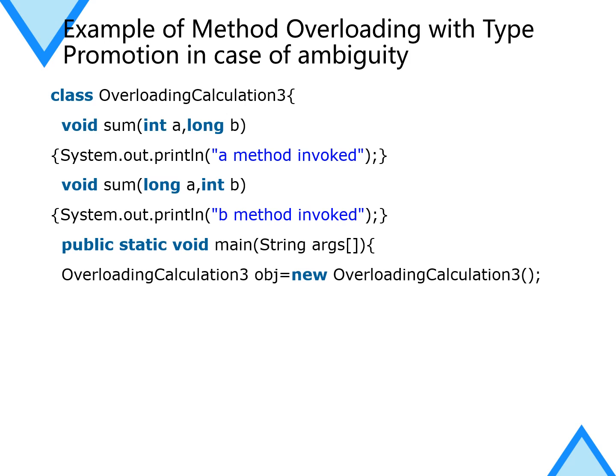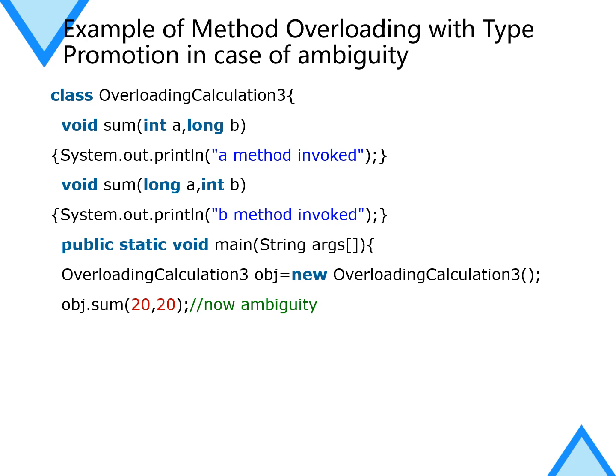We are creating the object in the main method and we are calling the sum method. In this case it will create ambiguity because one argument of each implementation is directly matched while the other needs a type promotion. Both can be promoted and can be matched.